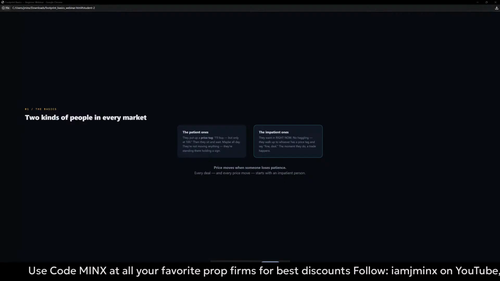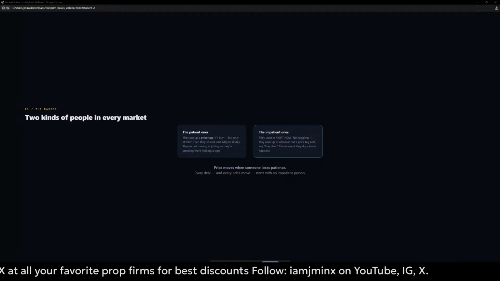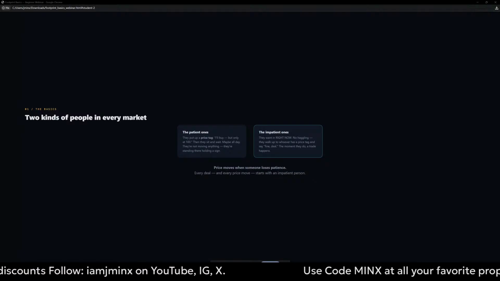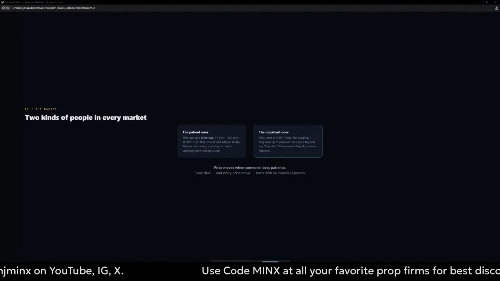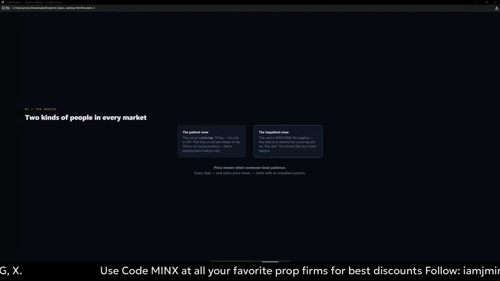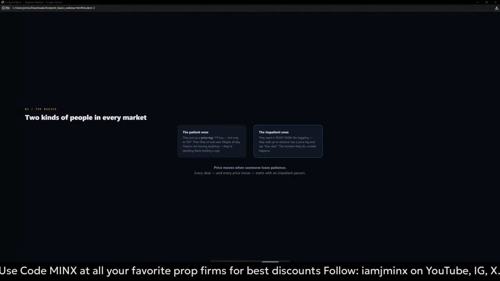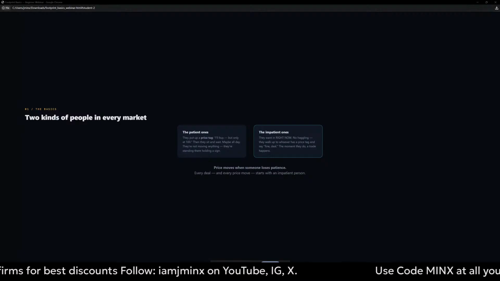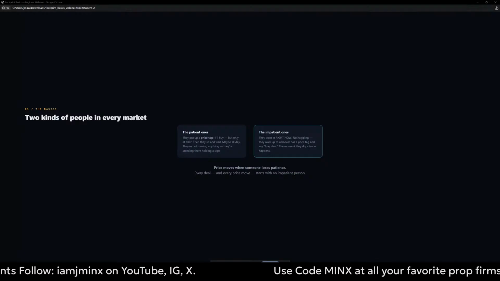And then there are the impatient ones. They want it now. They don't haggle, they don't wait. They walk up to whoever is holding that price tag and say, "Fine, deal." And the instant they do, a trade happens. So basically, price moves when someone loses patience.